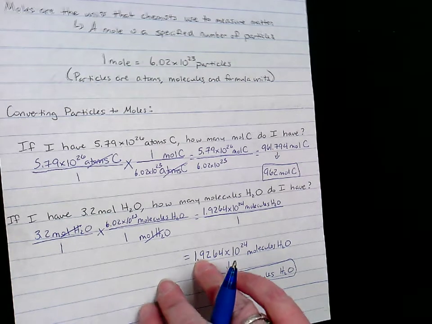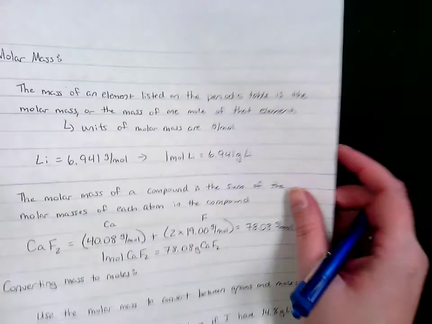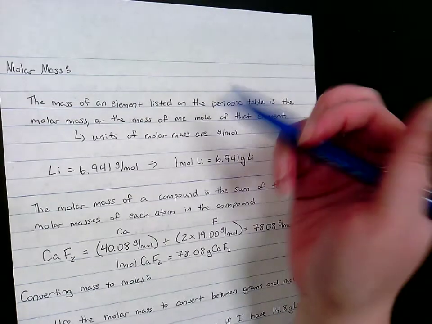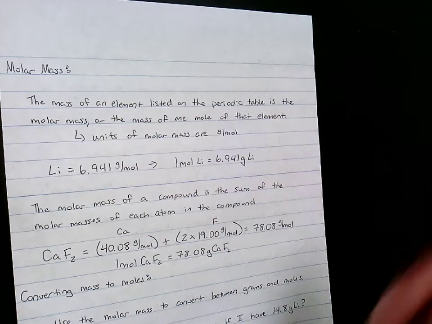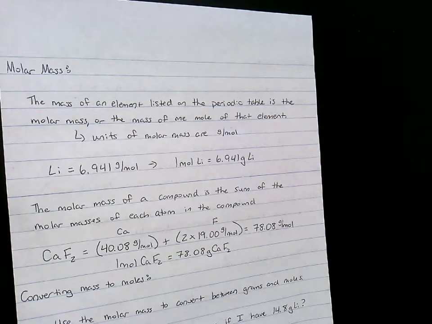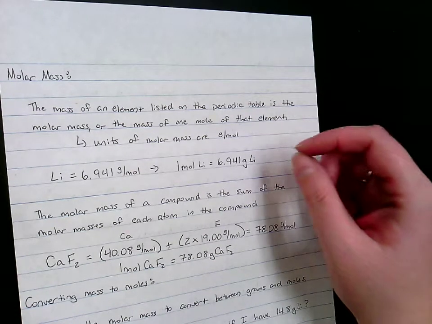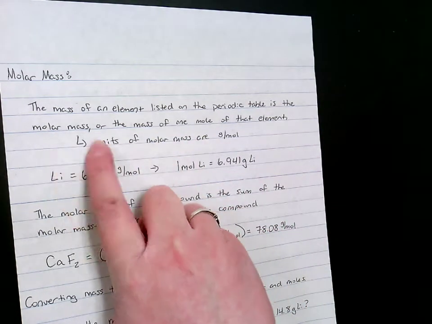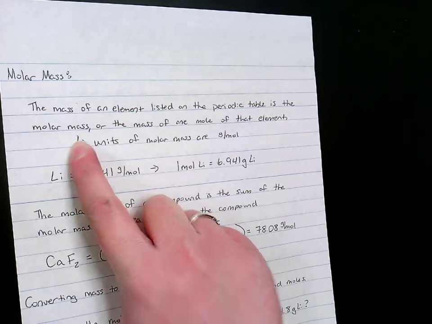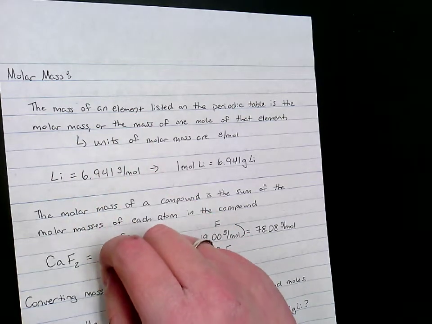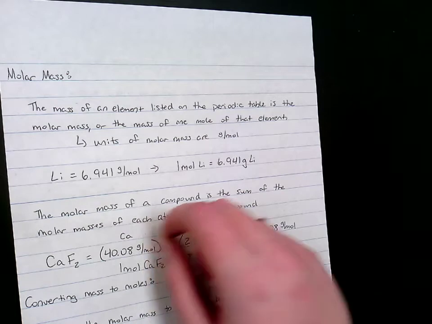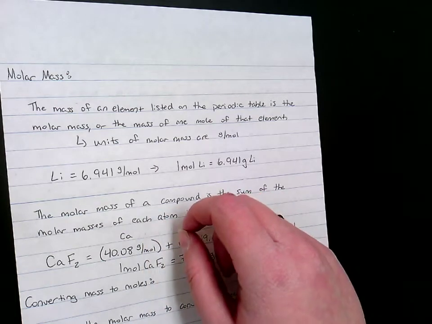Now I don't just use moles to go from particles to moles or moles to particles. More commonly, I use moles to get to mass, and we call that the molar mass. So on your periodic table, there is a mass listed, and that's called the atomic mass. But more commonly, we think of it as the molar mass, meaning that 1 mole of any element is equal to the mass that is listed.